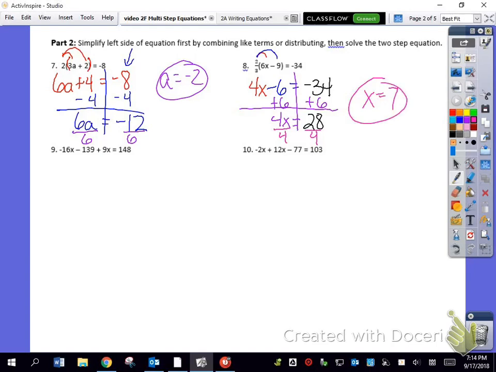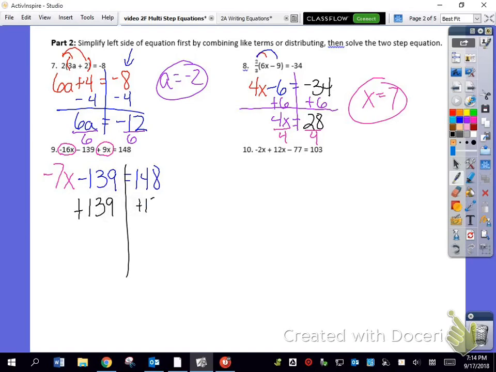On number 9, you want to collect like terms. So you have negative 16x plus 9x. So negative 16 plus 9 is negative 7x. The other thing that I have is minus 139. I just bring that down, equals 148. Now I can solve it. So the opposite of subtracting is to add 139.